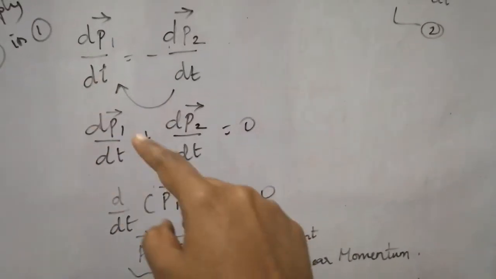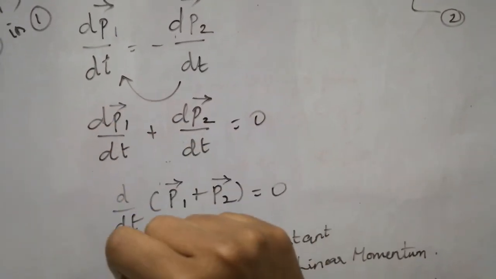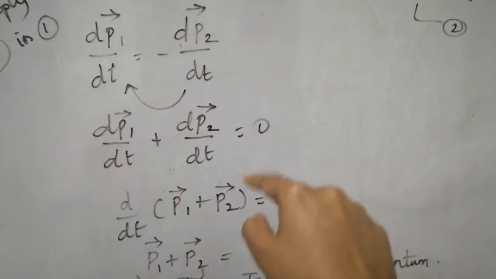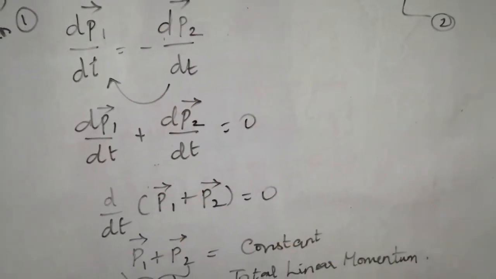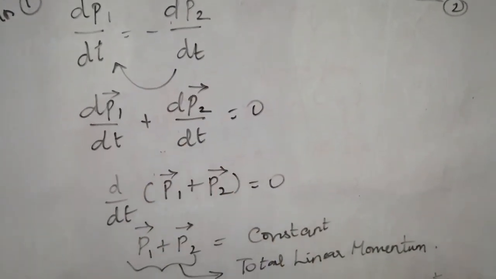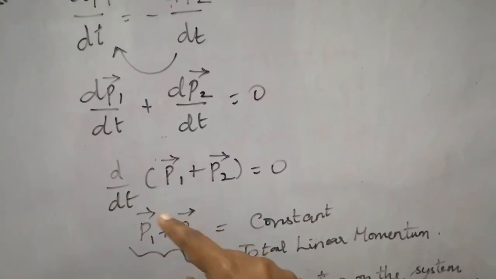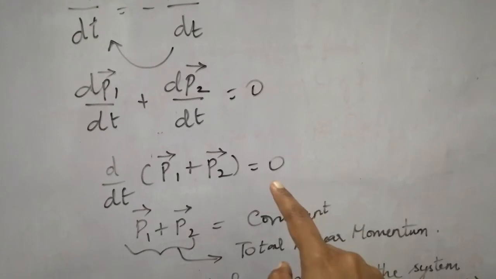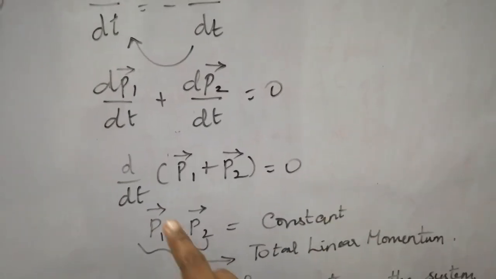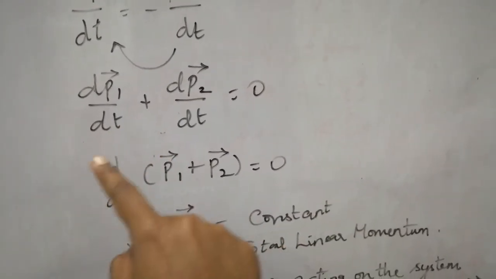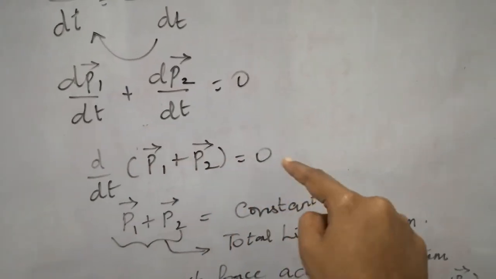This one is a change in momentum, and this one is also a change in momentum with respect to time. So you can take the differentiation out, which is d by dt of p1 plus p2, equal to 0. Which means the change in momentum is equal to 0.